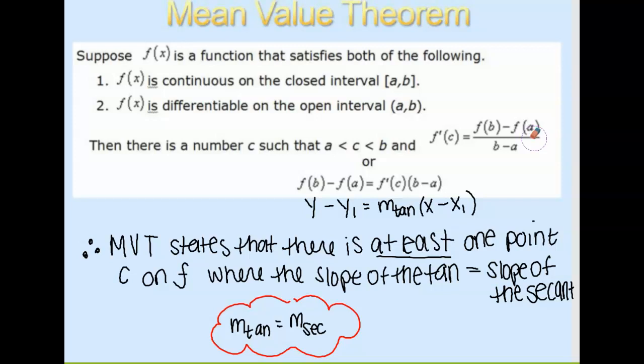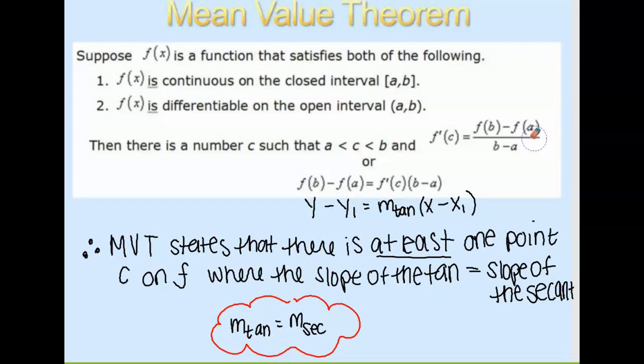I already told you that conditions 1 and 2 for Rolle's and mean value theorem are the same. Condition 3 does not exist in the mean value theorem. If 1 and 2 are true, then the mean value theorem says that there exists a point C in which the derivative has to equal the slope of the secant.